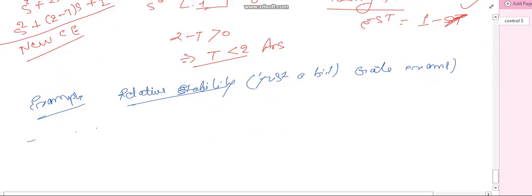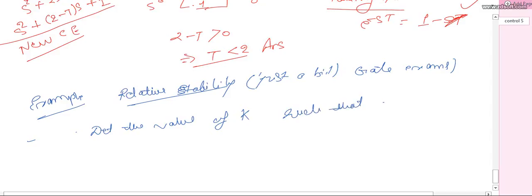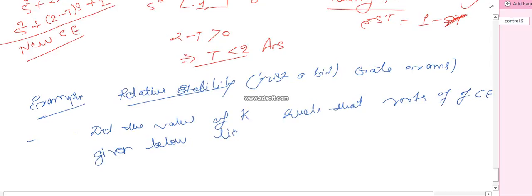So the question is, determine the value of K such that roots of the characteristic equation given below lie to the left of the line s is equal to -1.